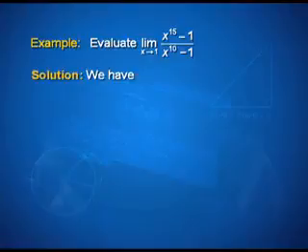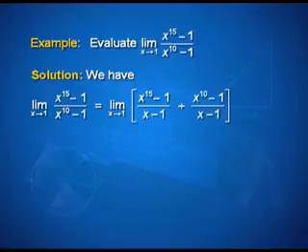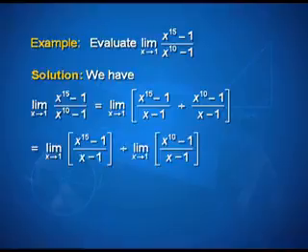Evaluate limit of x to the power 15 minus 1 upon x to the power 10 minus 1 as x tends to 1. This can be written as limit of x to the power 15 minus 1 upon x minus 1 divided by x to the power 10 minus 1 upon x minus 1.